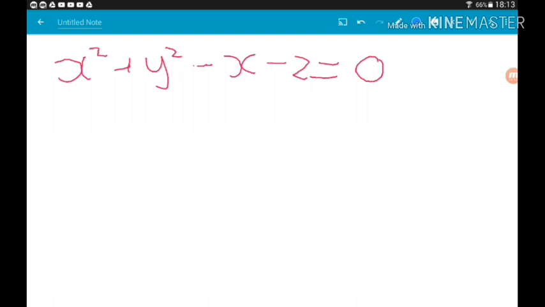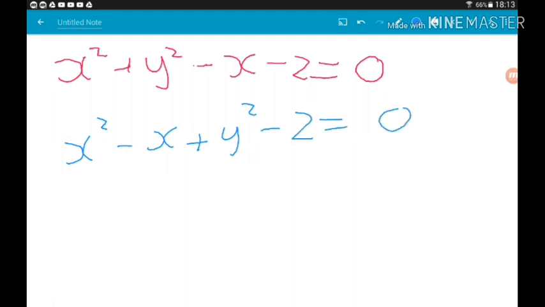Okay, so this time we've got x squared plus y squared minus x minus 2 is equal to 0. So, we only need to complete the square once here, because we only have a y squared term, there's no y term. So, rewrite it as x squared minus x plus y squared minus 2 equals 0.